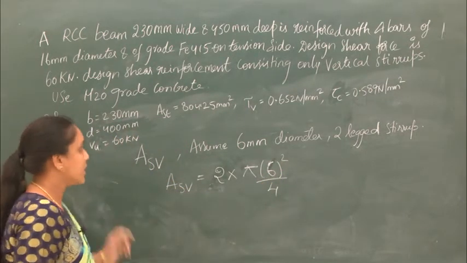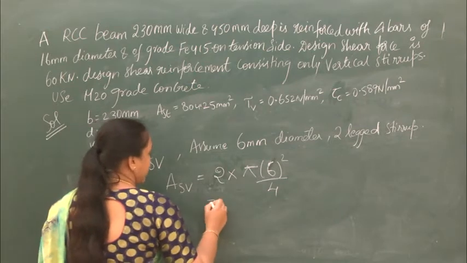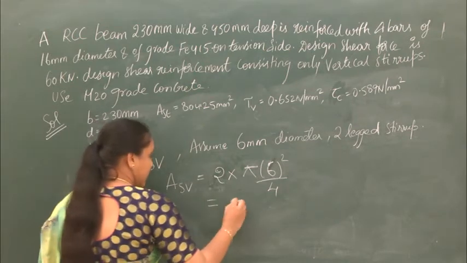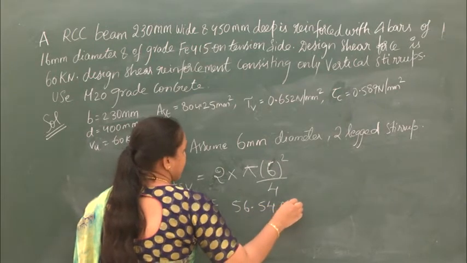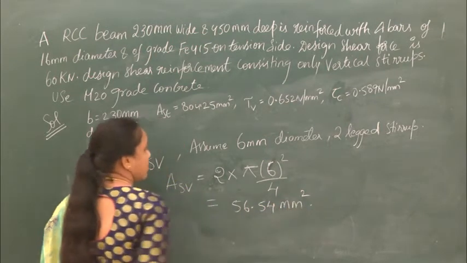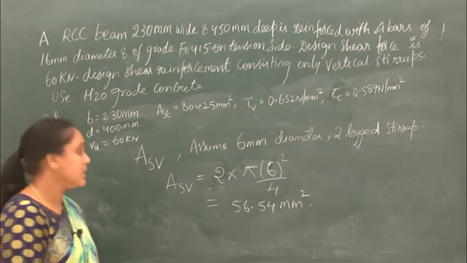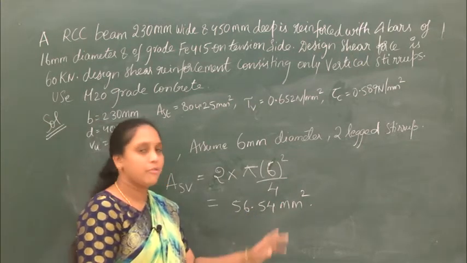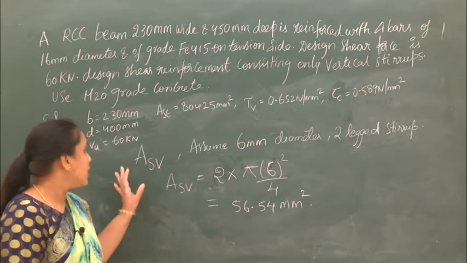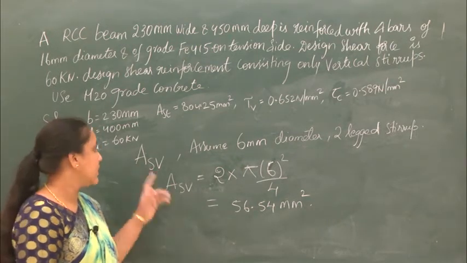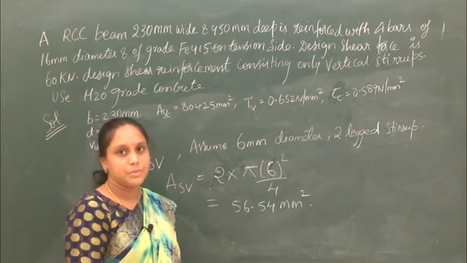From this we get the area of the stirrups, ASV, as 56.54 mm square. Now we have calculated the area of the stirrups.